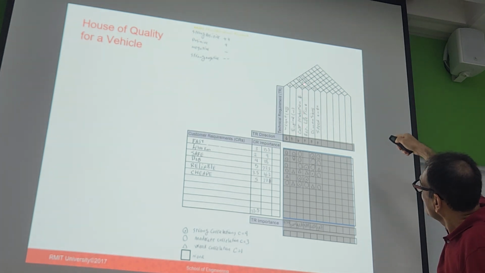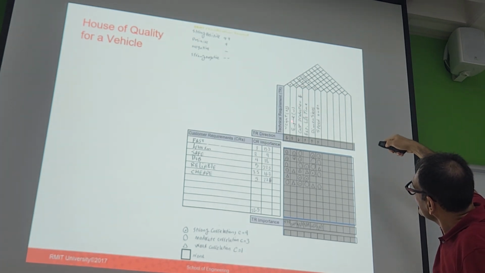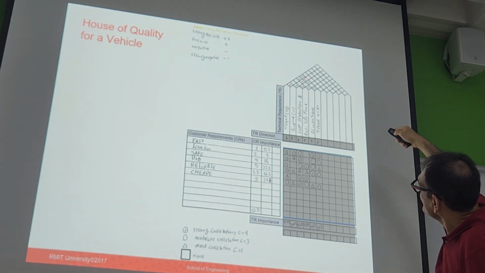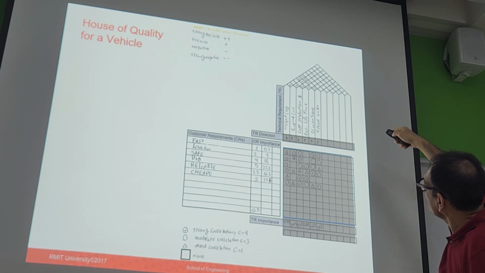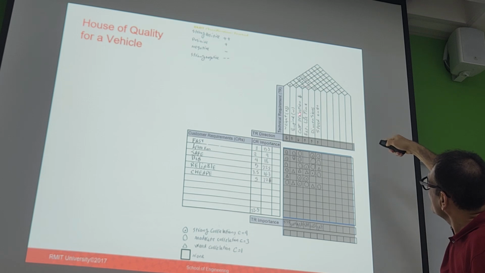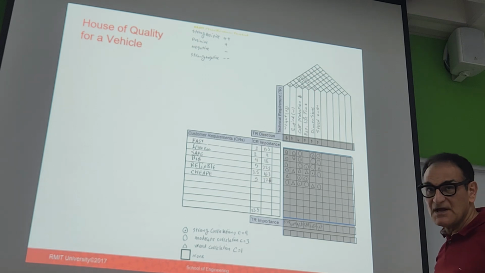For example, look at the engine: the speed is correlated with the engine, and the dimension is positive with the engine. And speed and dimension, you can see minus.